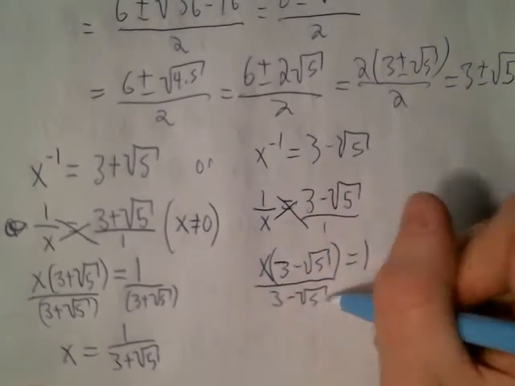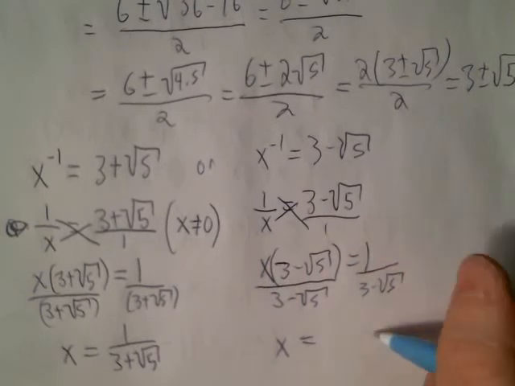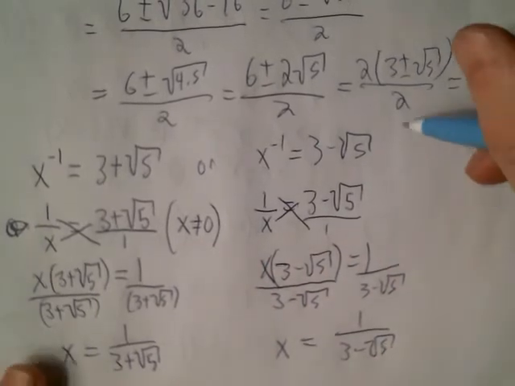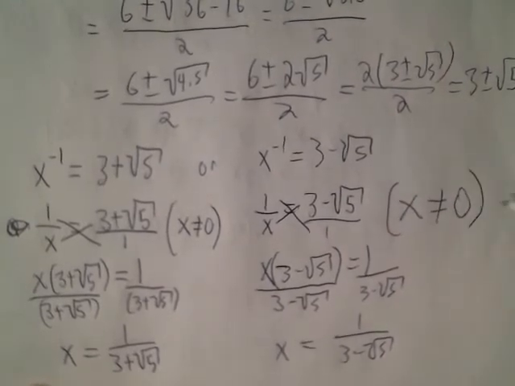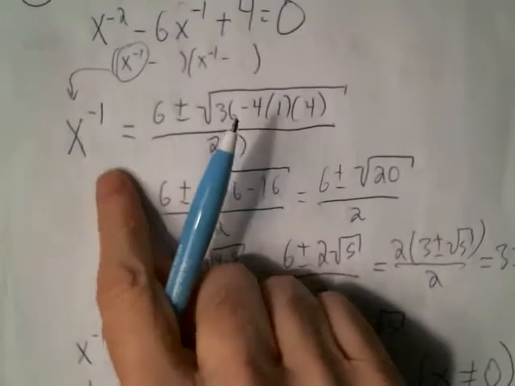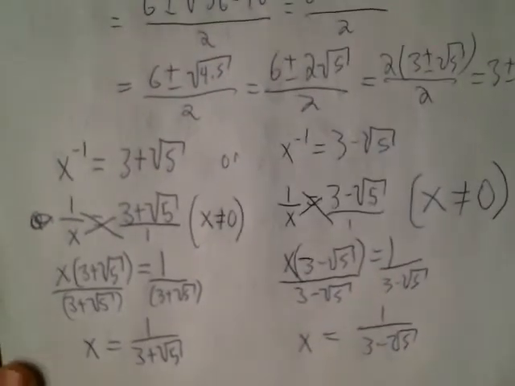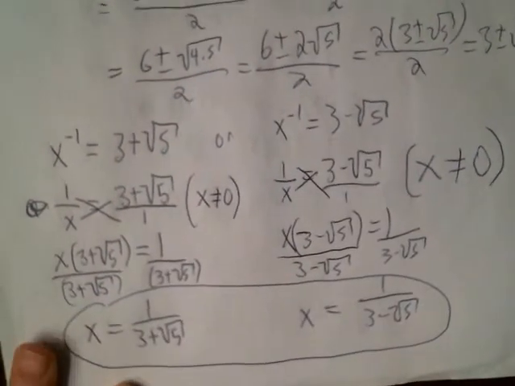Divide both sides by 3 minus root 5. So you'll get x equals 1 all over 3 minus root 5. And again, the only restriction from this equation was that x cannot be 0, which is what I was babbling on about up here. I should have waited until we were down here. Obviously, x is not 0, so these are our solutions. Okay?